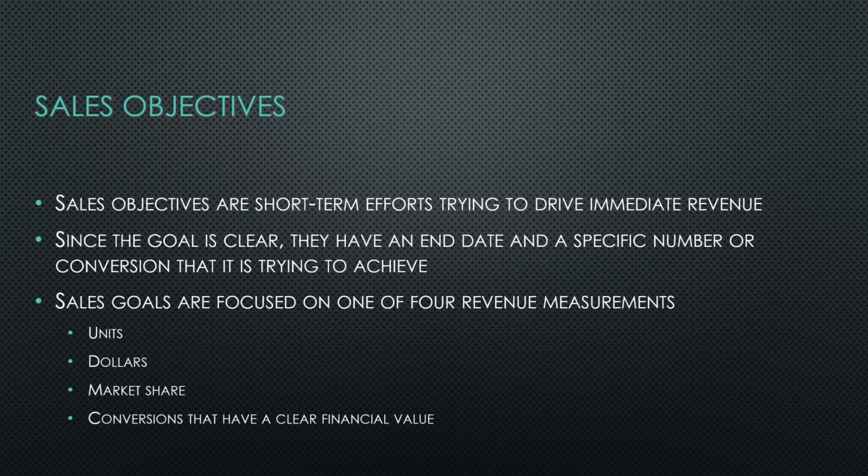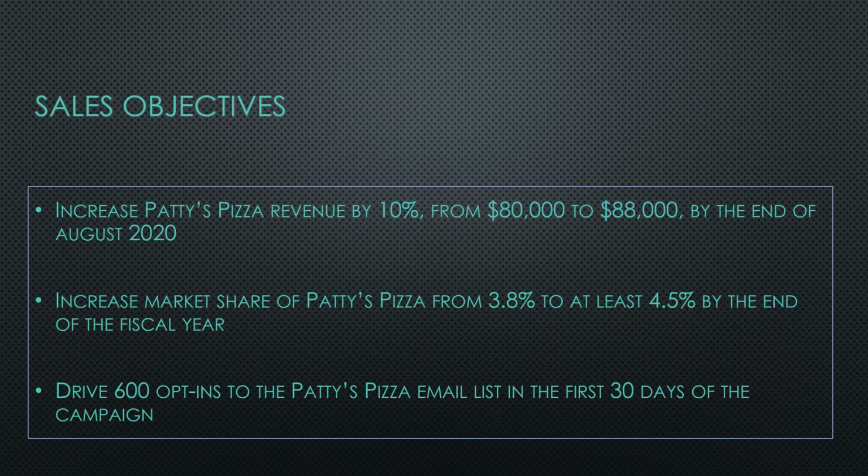Having somebody opt in to an email subscription to receive newsletters from us, that's something we could probably put a financial value on. So in those cases, they're not tactical objectives. They are sales objectives, because when that conversion happens, it's going to have a financial benefit for us.